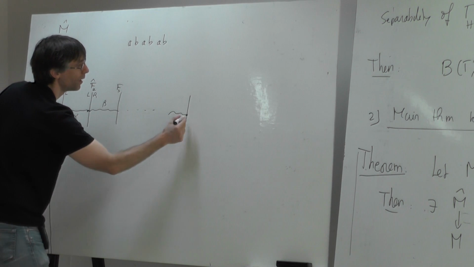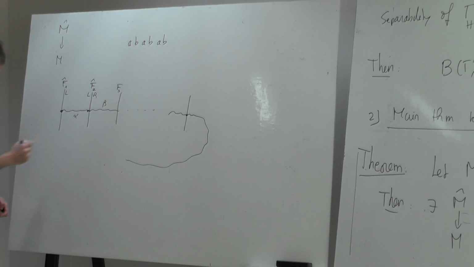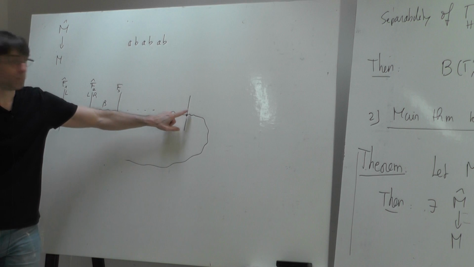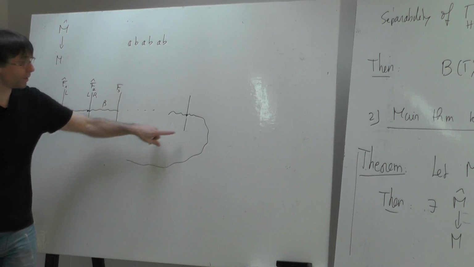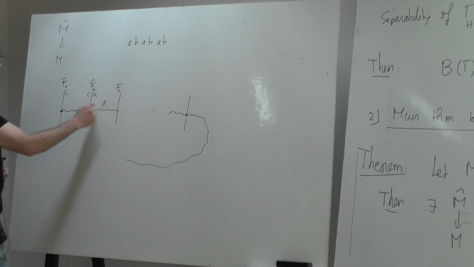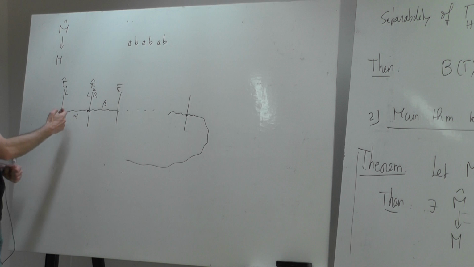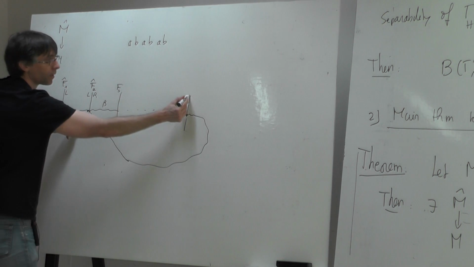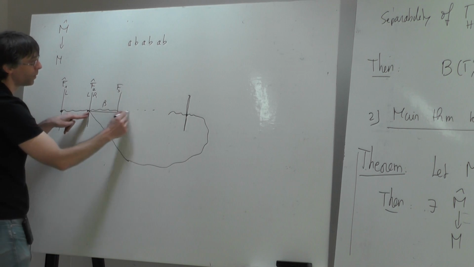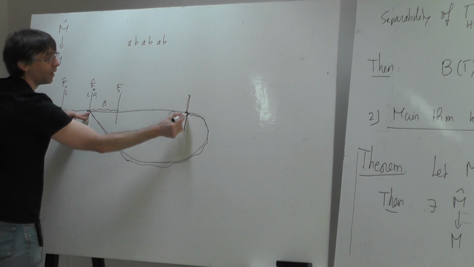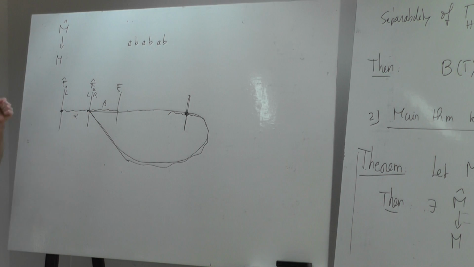At some point, you will have to come back to a connected component from before, and this cannot be this one, because we know it has to be a different connected component each time. So at least it goes back to one of them before, and I don't know where exactly, but I don't care because the whole loop you see there intersects this connected component in exactly one point.